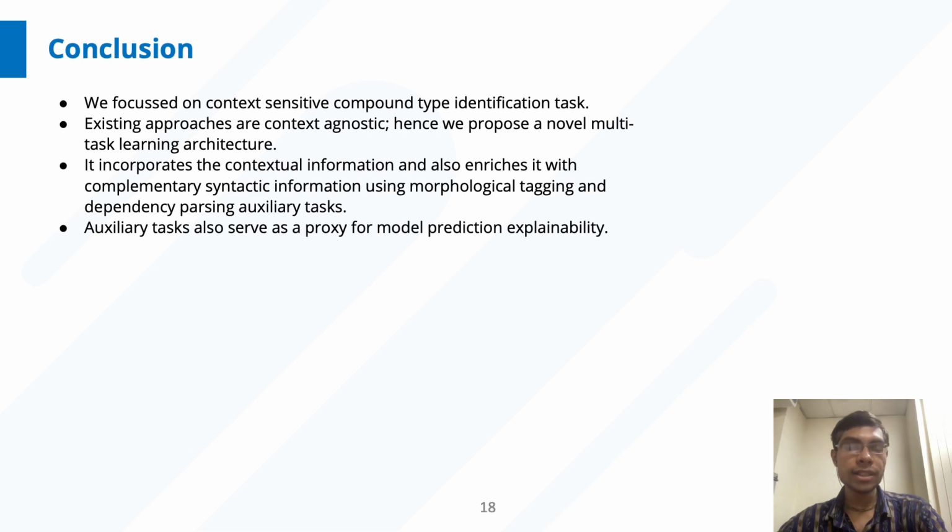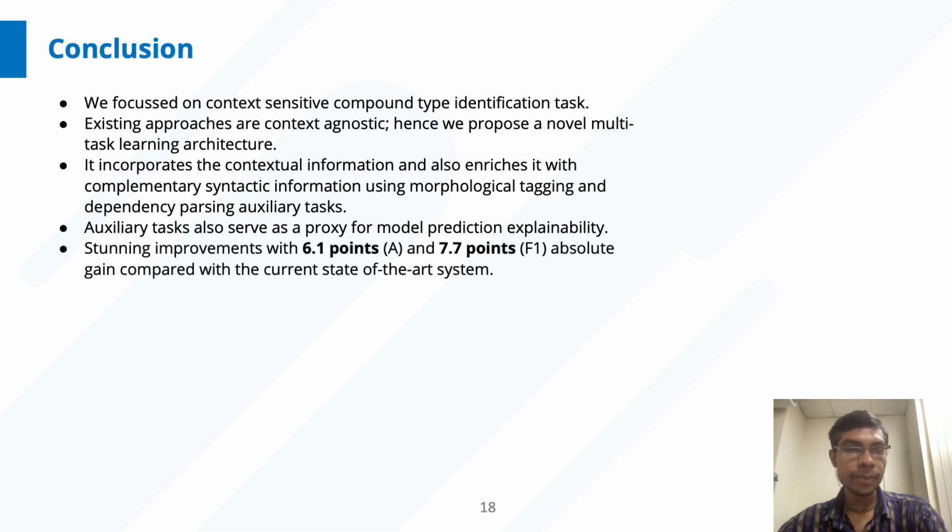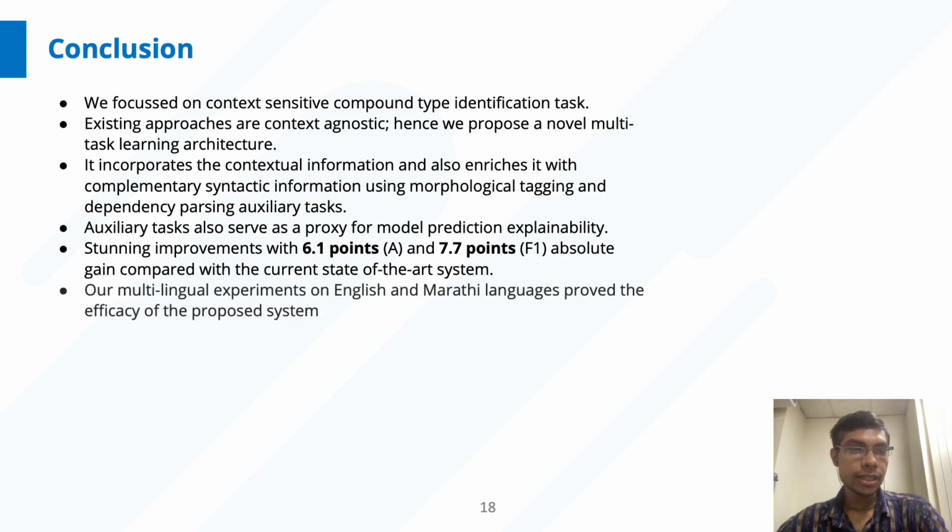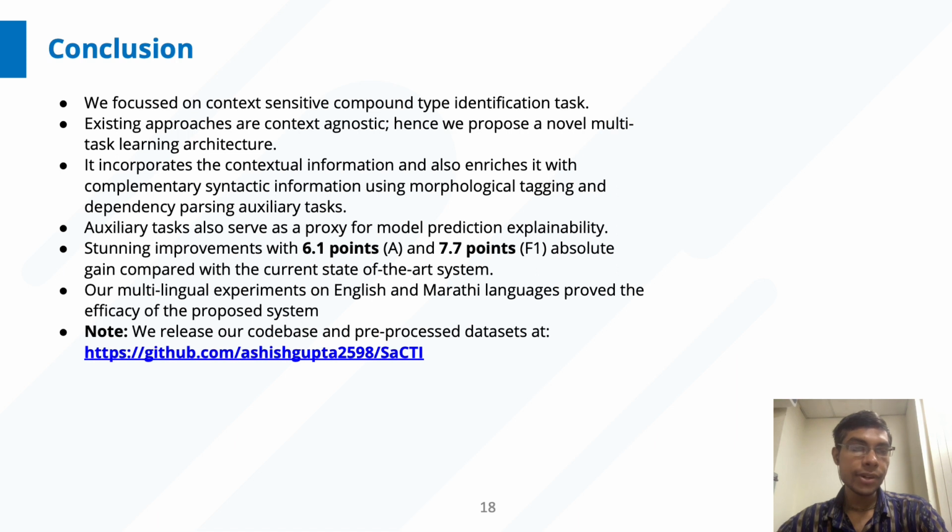Auxiliary tasks also serve as a proxy for explainability, and we found stunning improvements with a 7.7 points absolute gain compared to the current state of the art. Our multilingual experiment also shows the efficacy for Marathi and English. Our code and datasets are publicly available on the GitHub link provided.